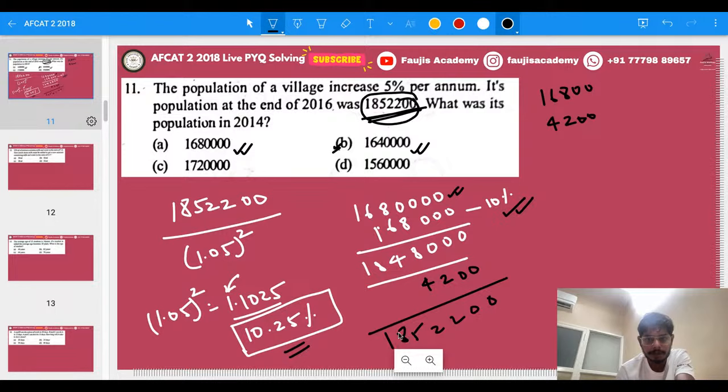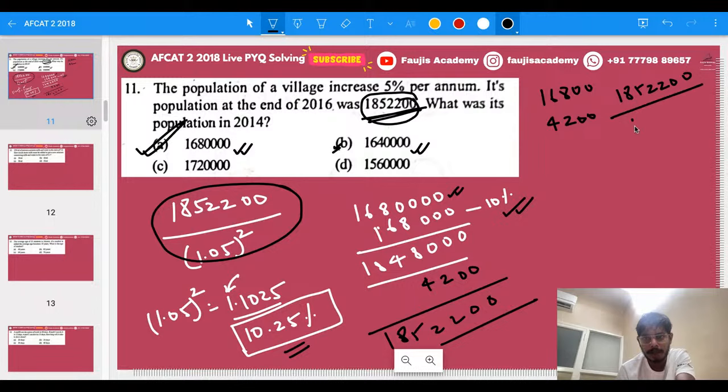So this is how we'll conclude question number 11. Answer is 1. Do not go on to work out 1852200 divided by 1.1025. It will take you ages to compute that.